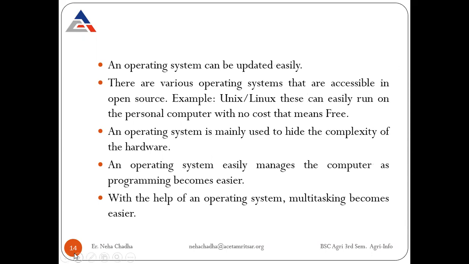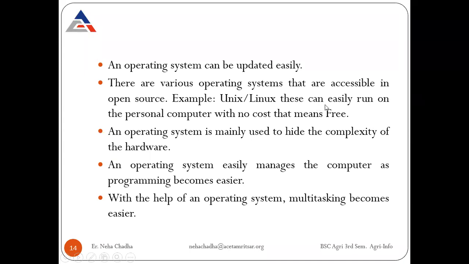There are various operating systems that are accessible as open source. Open source means freeware, which does not have any charge. Unix and Linux are freeware, free operating systems that you can install from the internet.